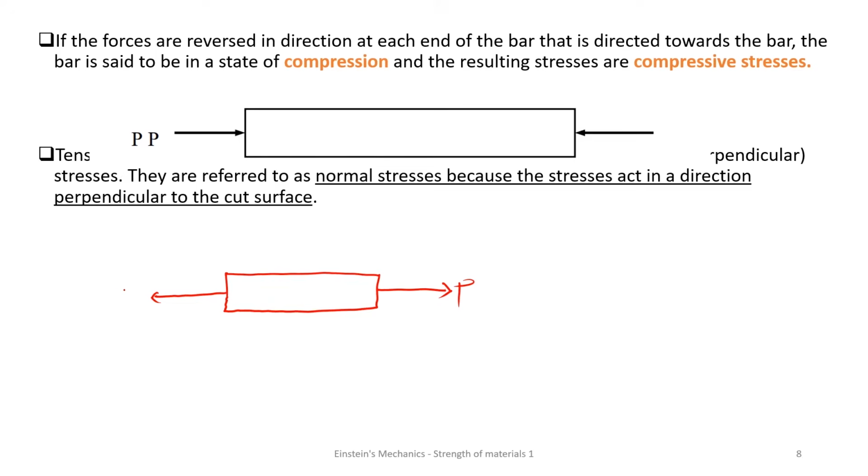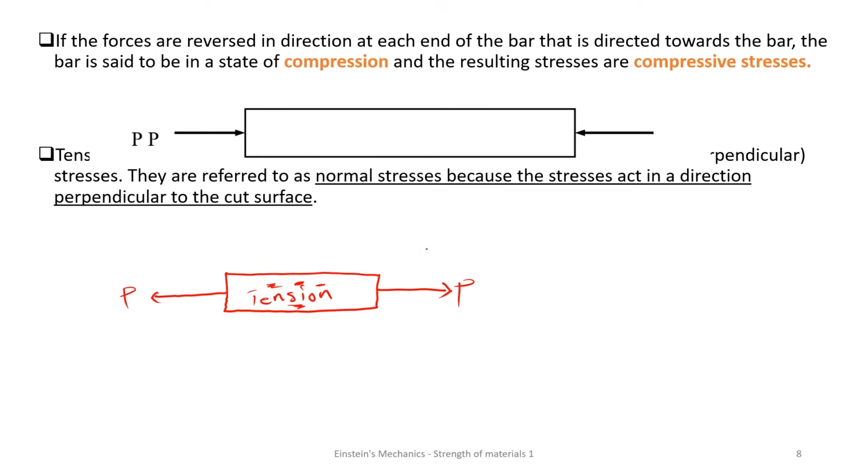This bar is said to be in tension. Why? Because we can see that the force P is stretching the bar. It is not compressing it, it is stretching. Therefore, there will be tension inside. It is trying to break. So there will be tension induced in this bar.